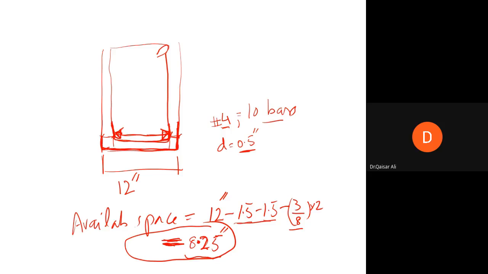But between the bars, you must have some space. If you place one bar here and one bar here, then we can place other bars at least 1.5 inch apart, clear. Spacing 1.5 inch from one bar to another bar.